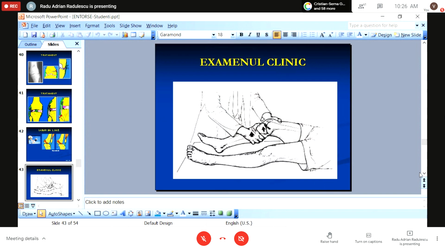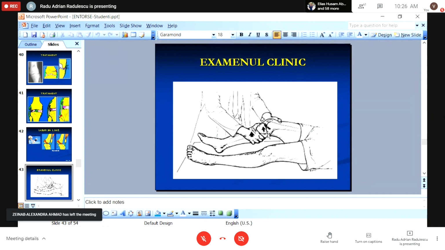Diagnosis will be also based on the physical examination. Besides the examinations that we have already done and have explained before, there are some special maneuvers designated for the anterior cruciate ligament. The most valuable one is the so-called Lachman test. Lachman test means that the examiner grabs with one hand the thigh and with the other hand the proximal leg and tries to displace the leg anteriorly.